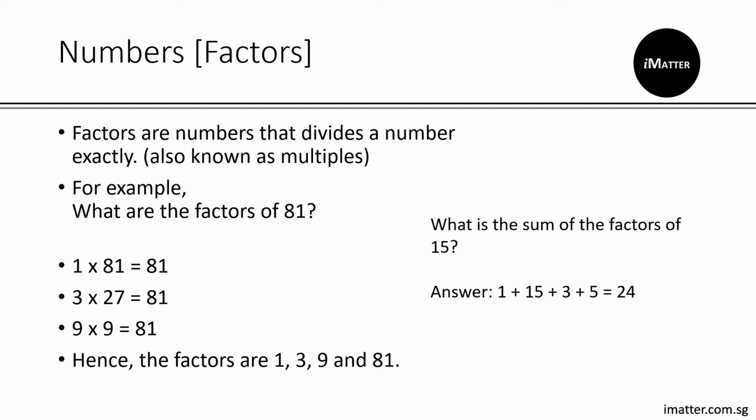Because 1 times 15 gives you 15, and 3 times 5 gives you 15. Now, the number 1 will be a factor for all numbers because all numbers can be divided equally and exactly by the number 1. Just a tip for you to take note of.